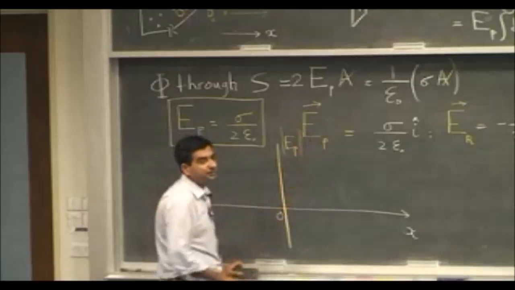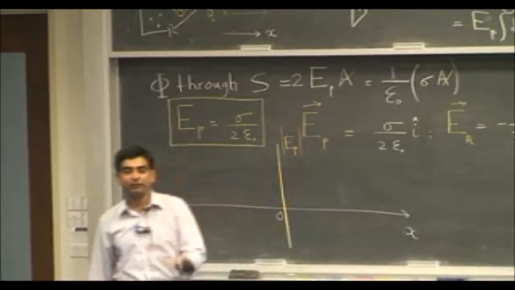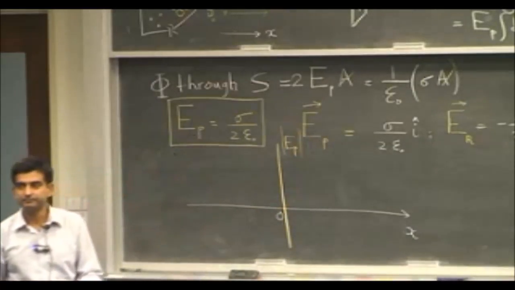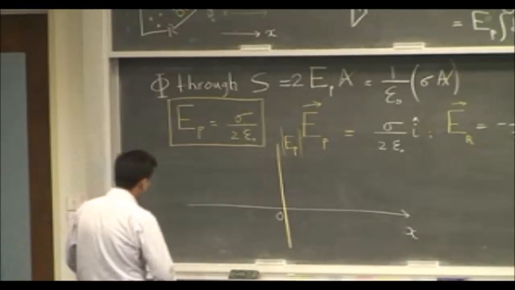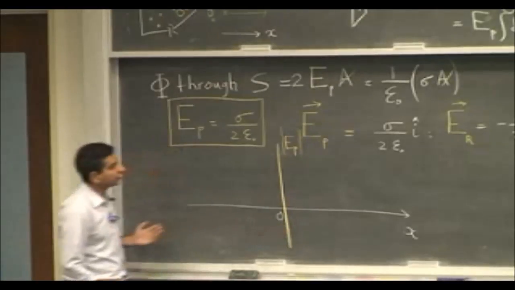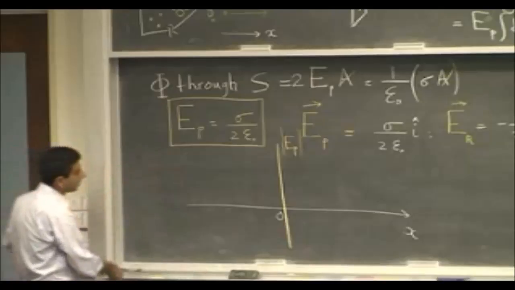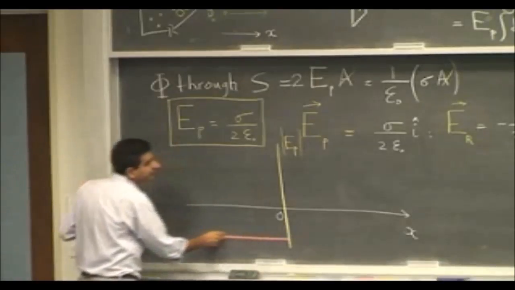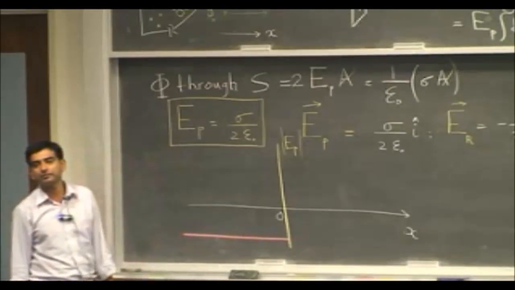If I were to plot EP respecting the sign of EP, then the kind of plot I would make is that for negative values of x, that is when you're to the left of this charge, the electric field is minus sigma over 2 epsilon naught.